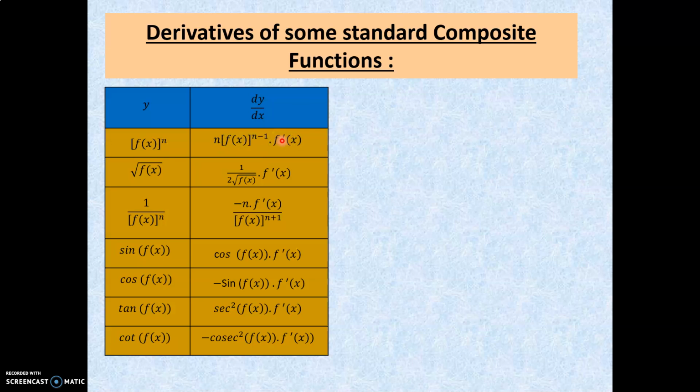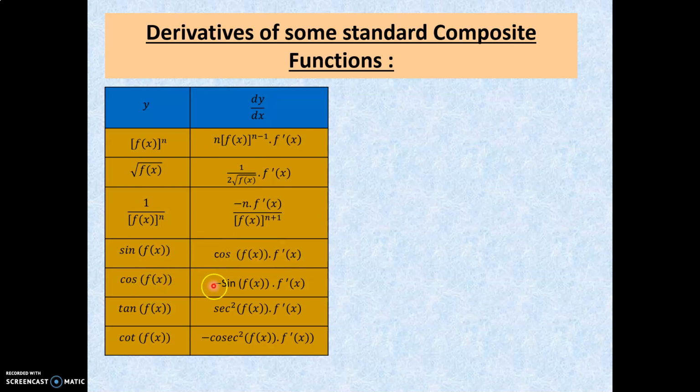So in all these formulas you already studied, we are only changing x to f of x. Root of f of x is 1 upon 2 into root f of x into f dash x. 1 upon f of x raised to n is minus n into f dash x upon f of x raised to n plus 1. Sin of f of x is cos of f of x into f dash x.